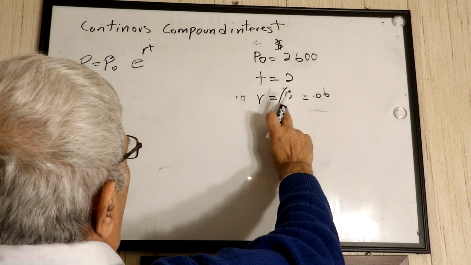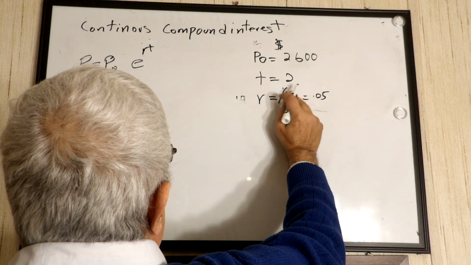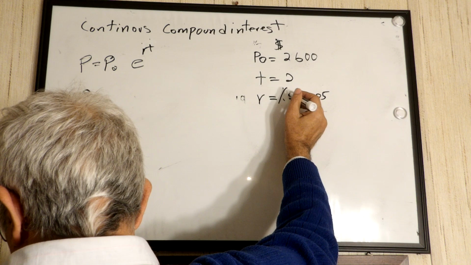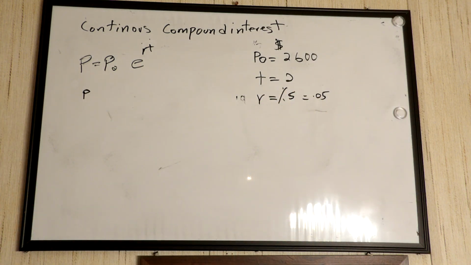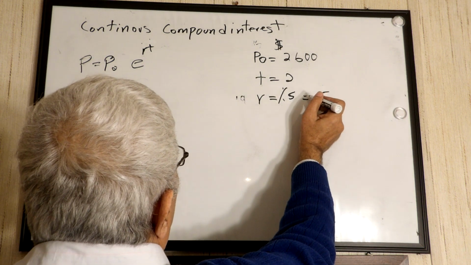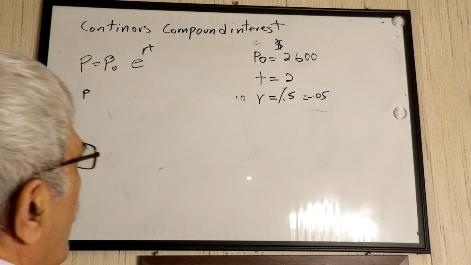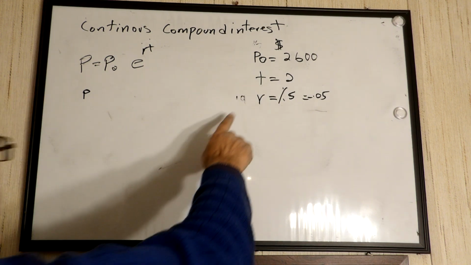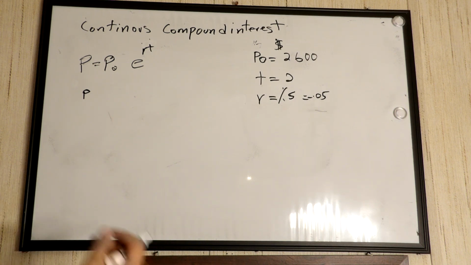If R is equal to 0.05, actually it's going to be minus 0.05 because it is decay. You have some radioactive material.